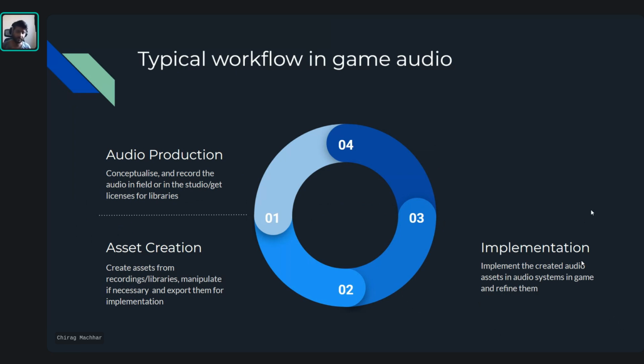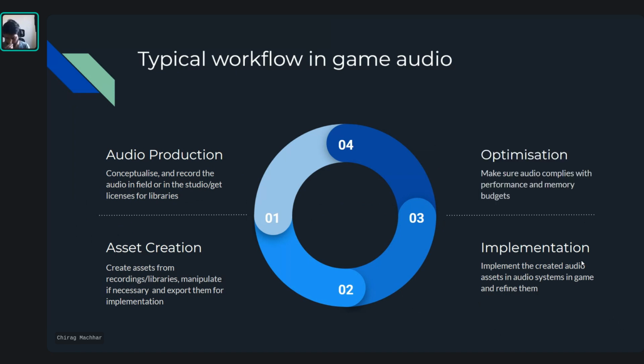So you're doing some real-time manipulation as well, using the least number of assets to create the most number of variations, randomizing pitch or doing real-time manipulation. That usually happens at the implementation stage.